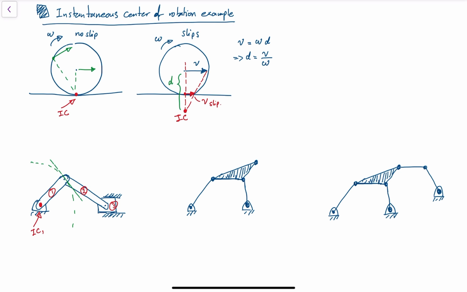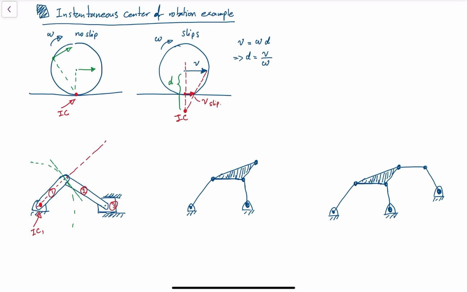Let's pretend that is tangent to the path. From there, I know my instantaneous center has to be perpendicular to this direction of velocity, so the IC of body 2 must be somewhere along this line.